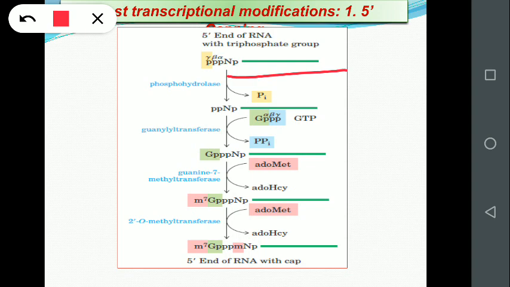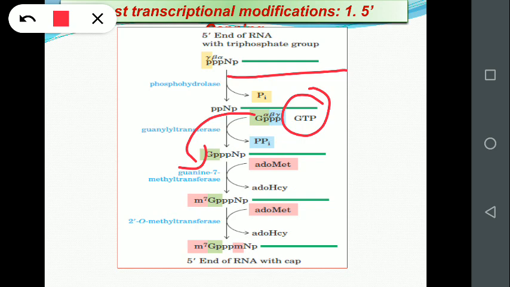Phosphohydrolase will remove one phosphate, and then from the GTP only GMP comes and binds to the nucleoside diphosphate.